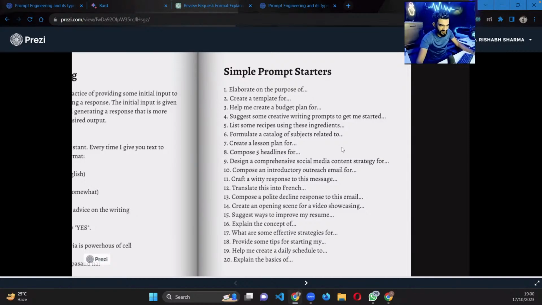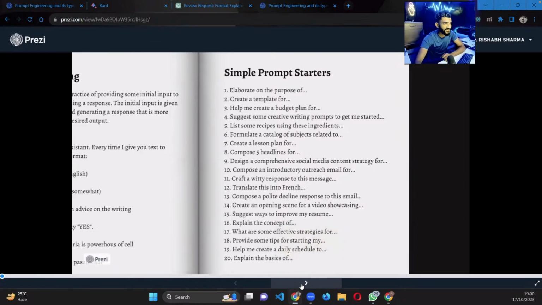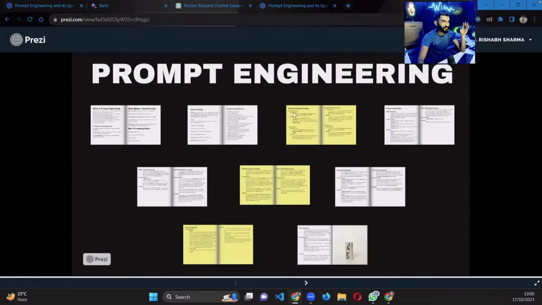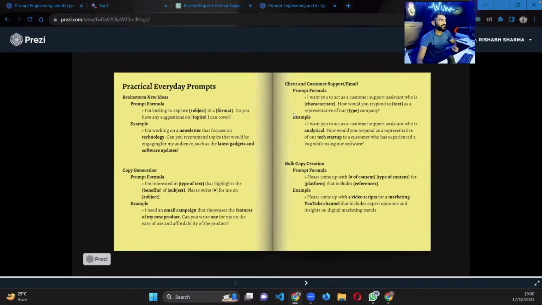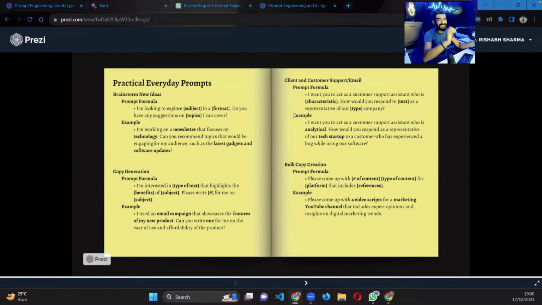The resources and everything you will get, as we already told in the first session, how to get the resources of all this. So maybe you can find that there and try it on your own. These are some practical everyday prompts that we use in our day-to-day life.